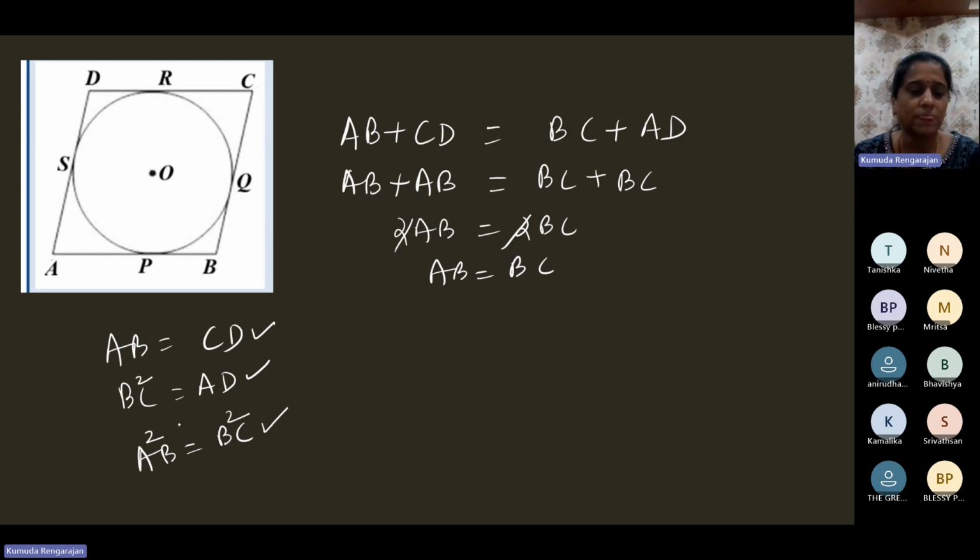If BC is 2, then because these two are equal, this also will be 2. AB is 2, so CD is also 2. Can you see everything? All the sides are equal now. When you proved AB is equal to BC, we see that all the sides are equal. So in a parallelogram, when all the sides are equal, it's a rhombus. That's the definition of a rhombus. It's a parallelogram in which all the sides are equal.